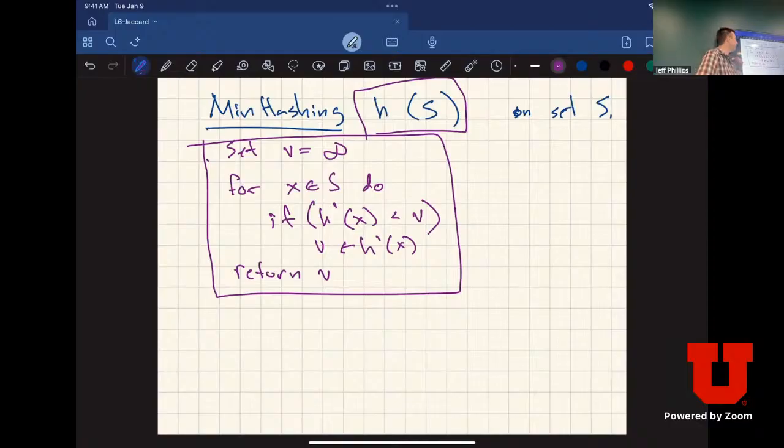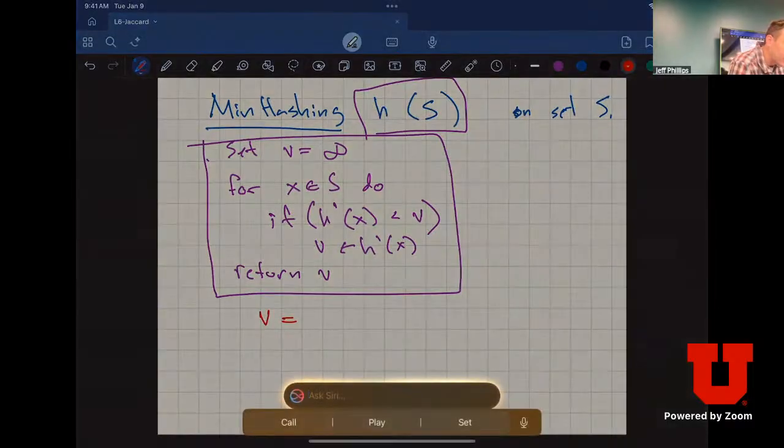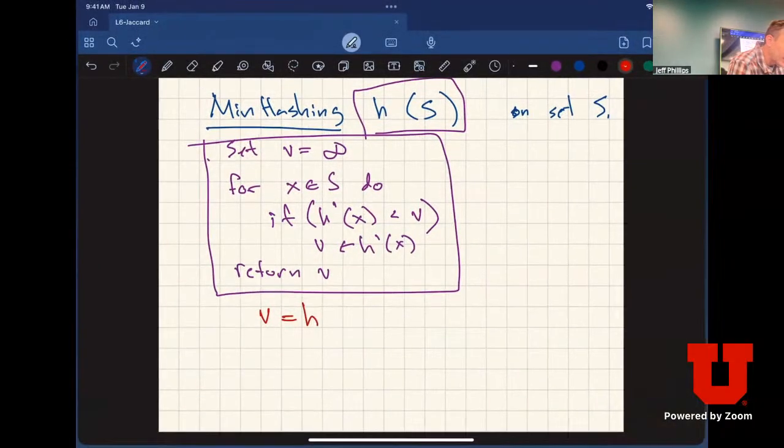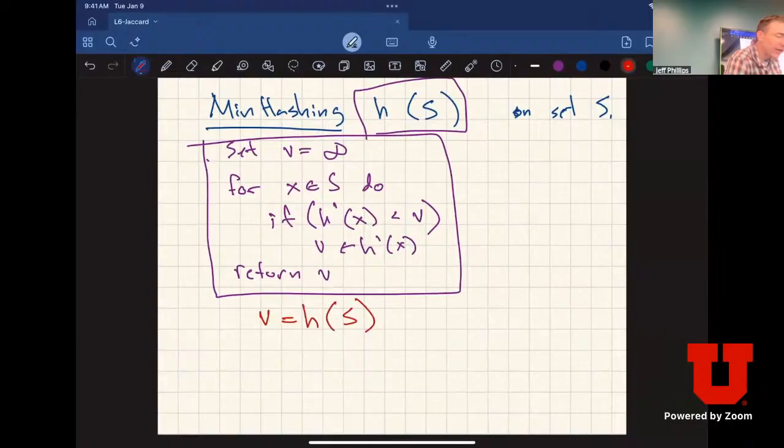If I have two sets, document 1 versus document 2, I need to use the same h prime hash function. This returns the value v, which is the output of the h hash function, so v is going to be equal to h of S. This is why it's called minHashing: I'm hashing a bunch of things, and I just take the min object.